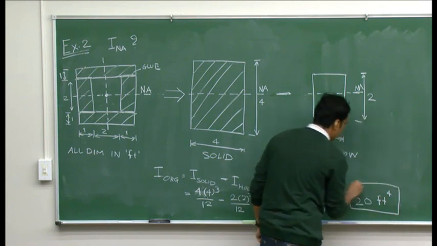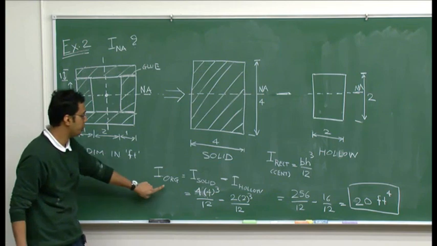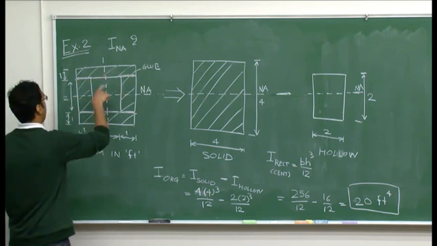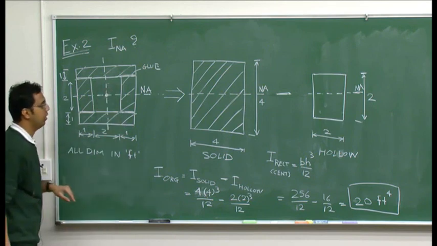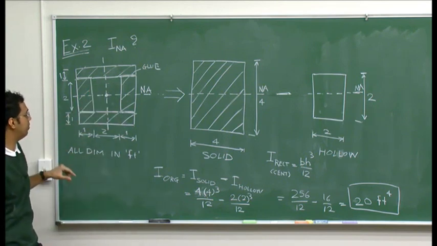So this is the final answer. 20 feet to the 4 is the moment of inertia of our original cross section, which was a box beam with a kind of hole in the center. So this is an example of a box beam.